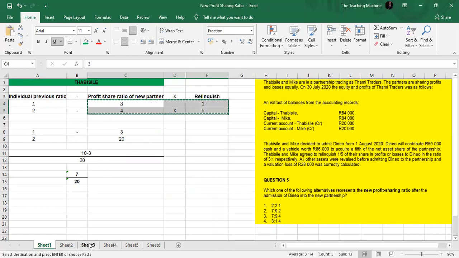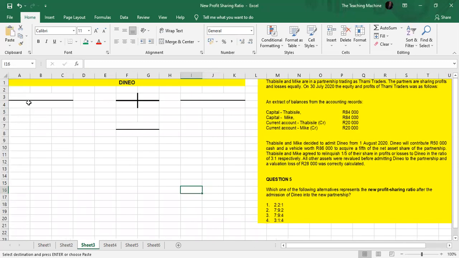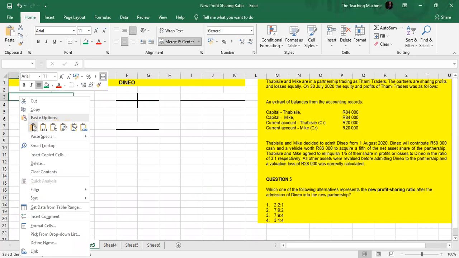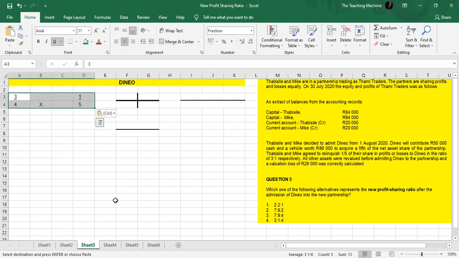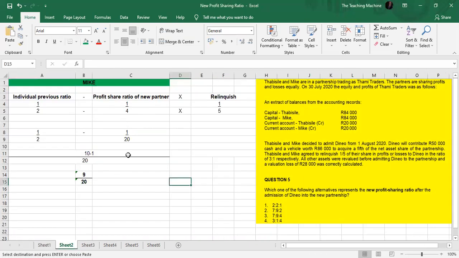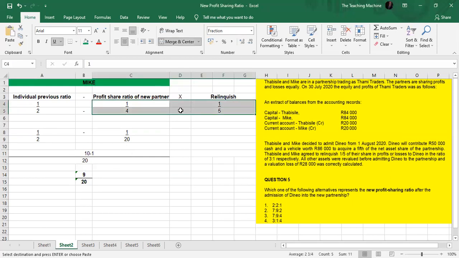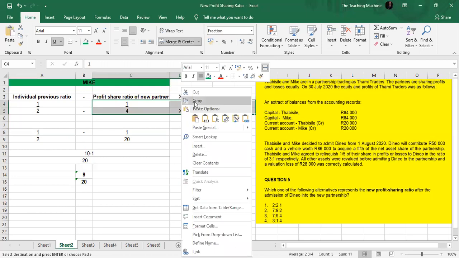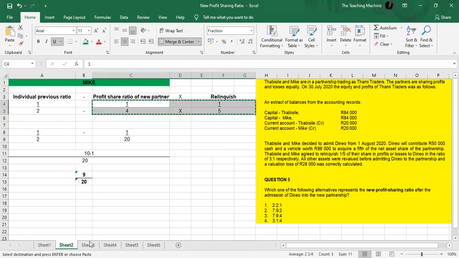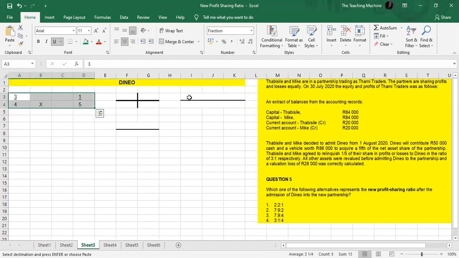Copy, then paste. Go to Mike. Let me take this part. Copy, and then paste.